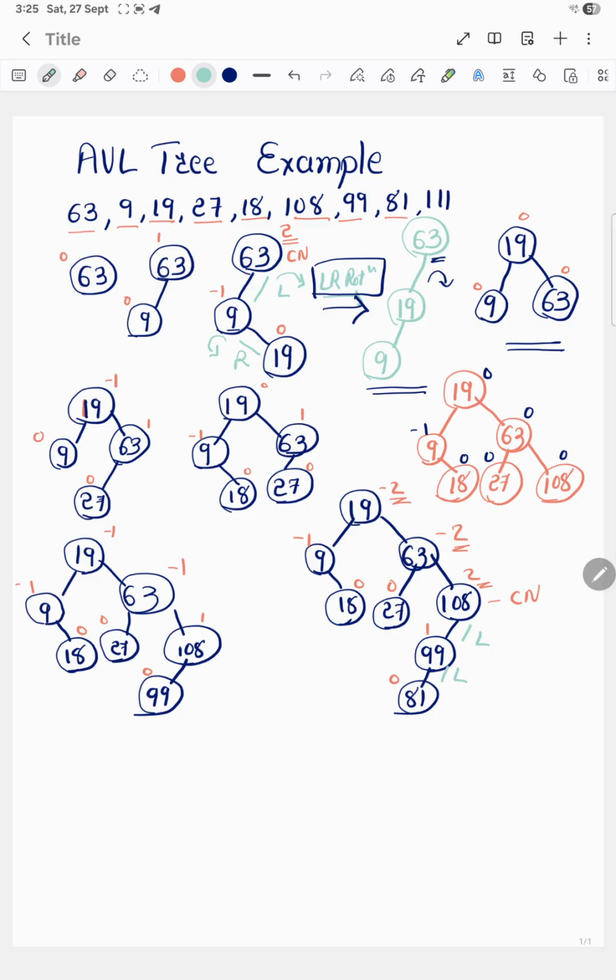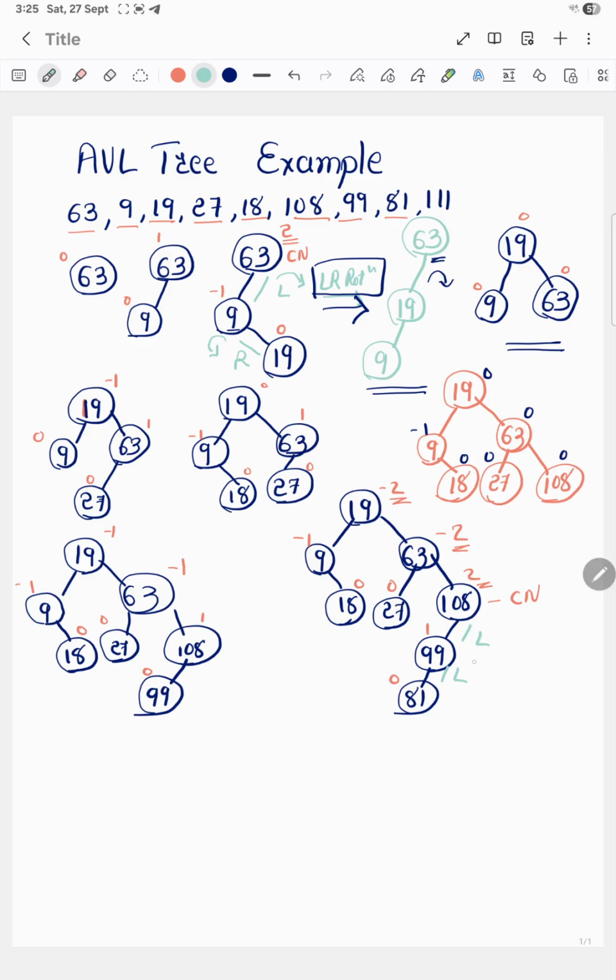If it is left of left, that means you need to do LL rotation, and in LL rotation it's a single rotation. Previously we did LR rotation, right? Here it's an LL rotation. LL rotation means a single rotation, so you need to rotate your critical node towards the right. It's opposite.